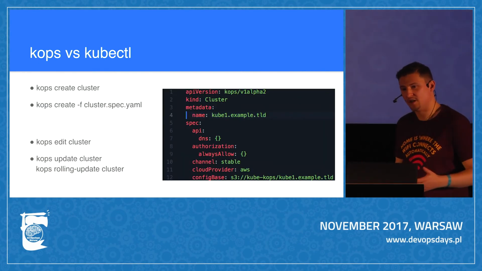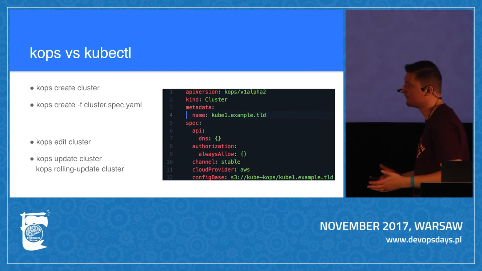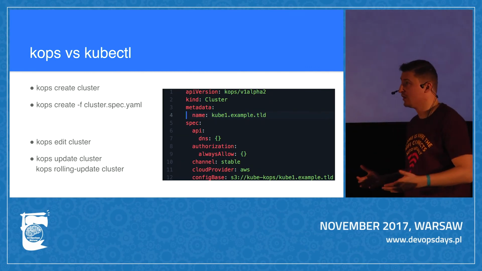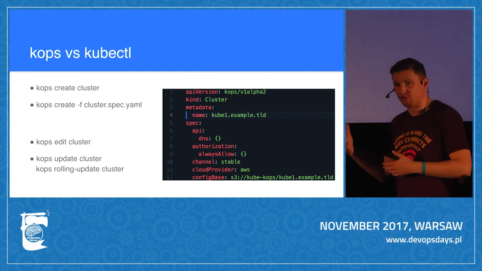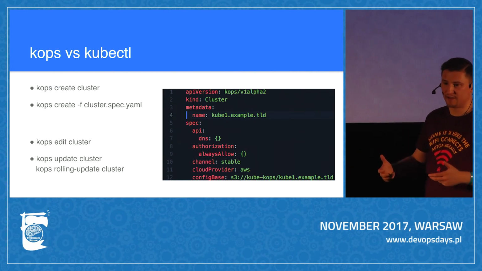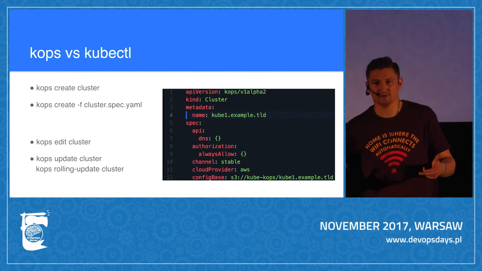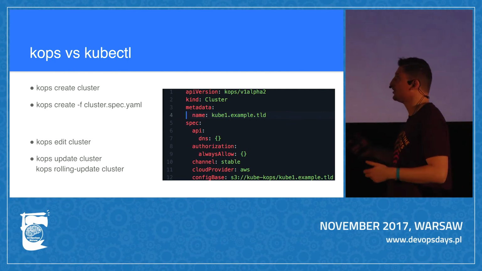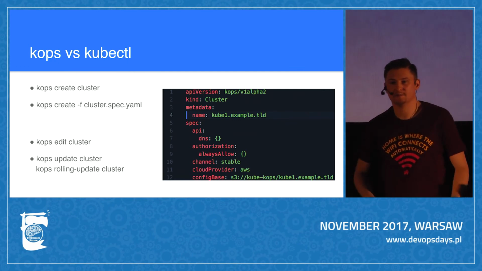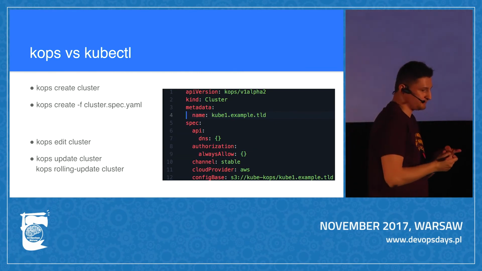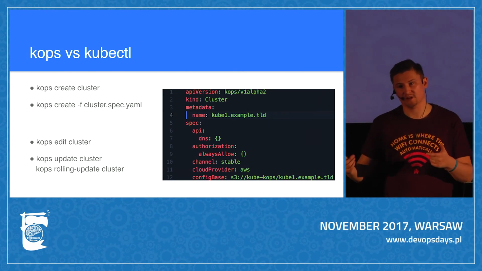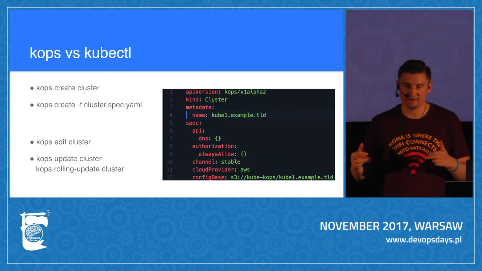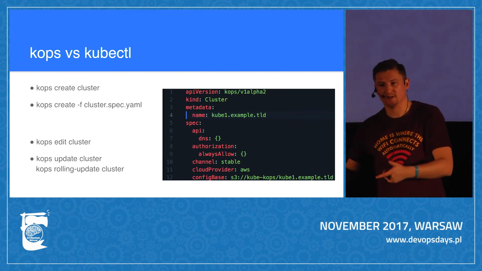And this is the way we are creating the cluster from kops. We can call a command line create, or we can apply a cluster specification. Kops extends this API by adding a new object called cluster. We can also interactively edit the configuration of the cluster before applying it.